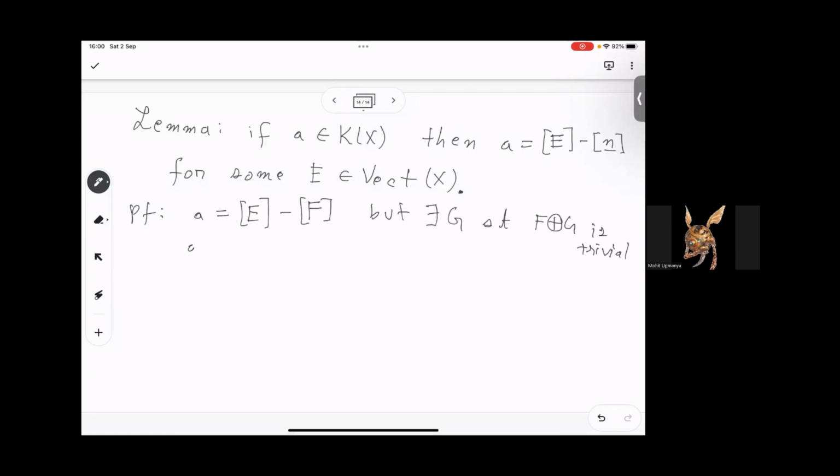So in particular, we see that A is in fact equal to E plus G minus F plus G, which is equal to E direct sum G minus a trivial bundle, as needed.